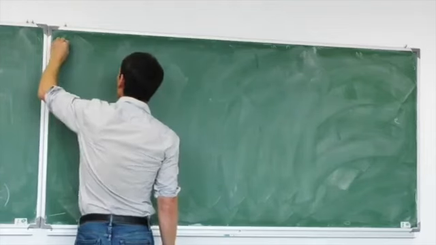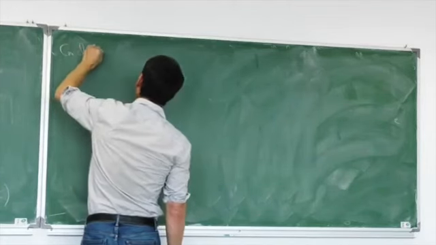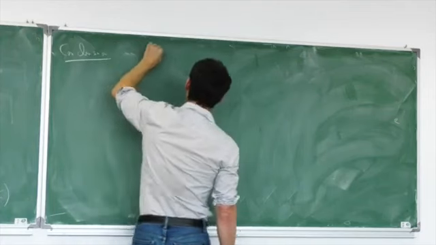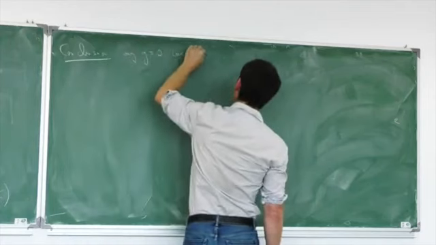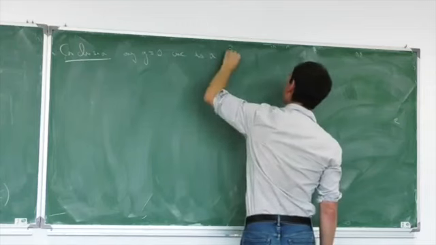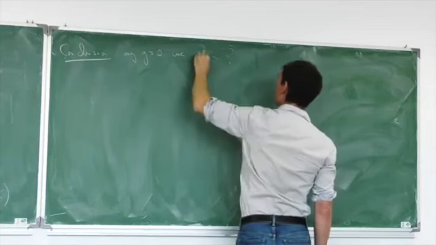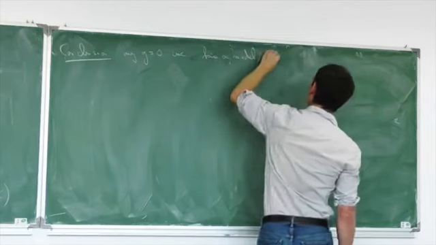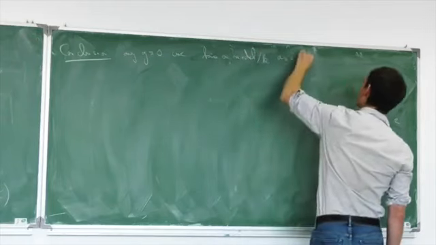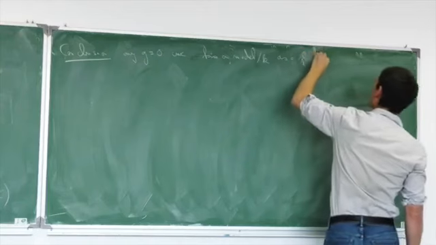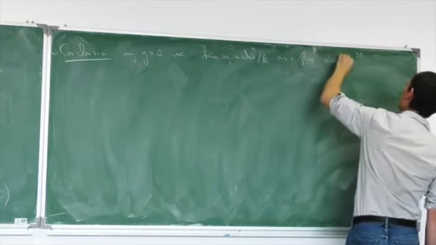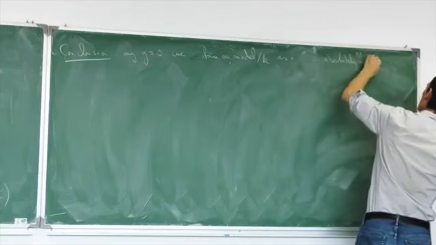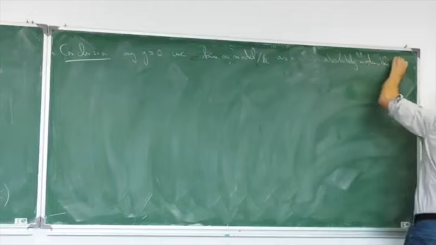So the conclusion is that any genus 0 curve can be given as a model over K as a plane absolutely irreducible conic.